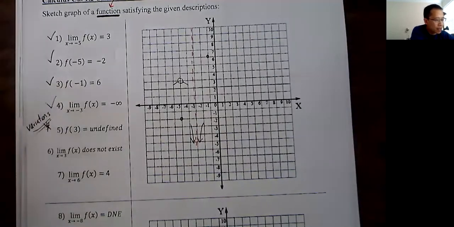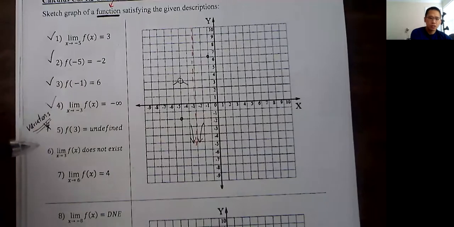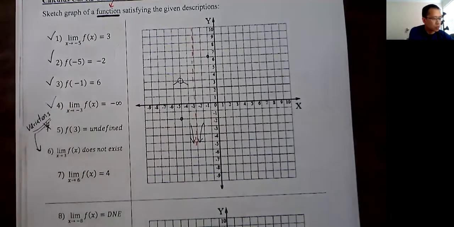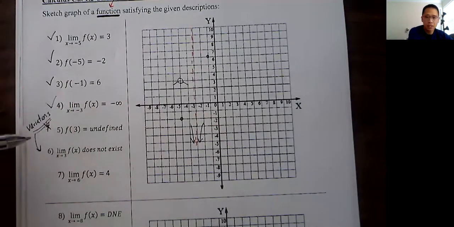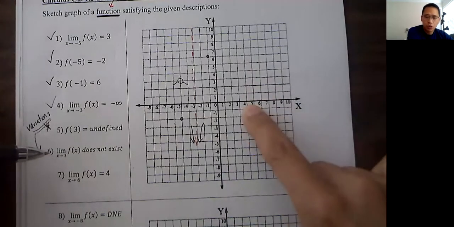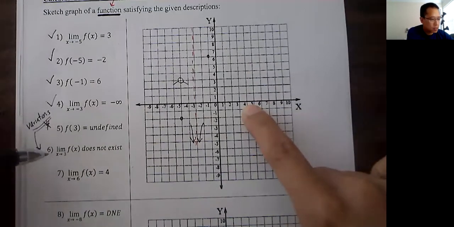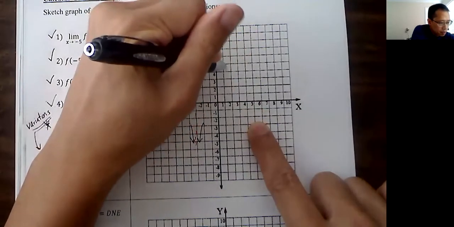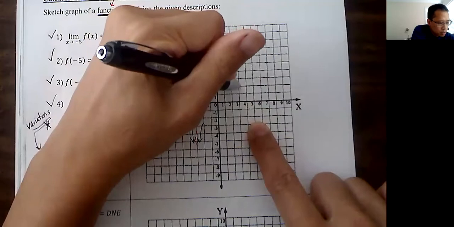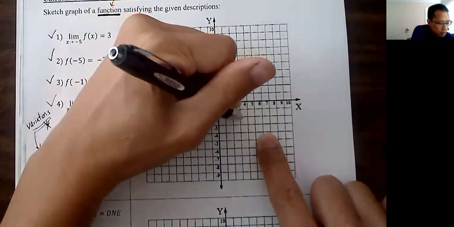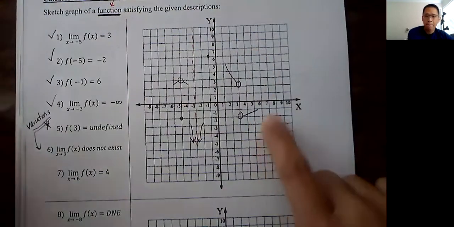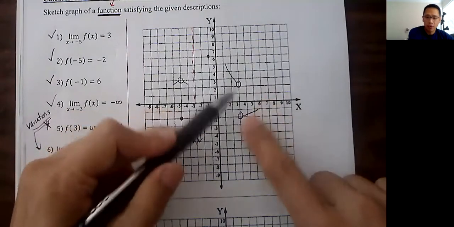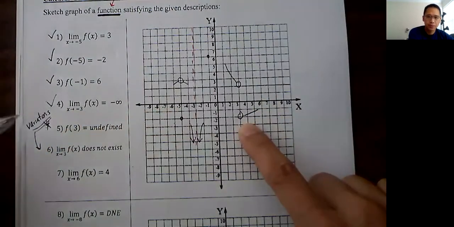But just know that a lot of variations can exist if a limit doesn't exist. So I'm just going to create a situation where the limit doesn't exist. Maybe I can make a graph go towards one point and then make it pick off at a different point. I can make it a vertical asymptote. I can make it an endpoint.